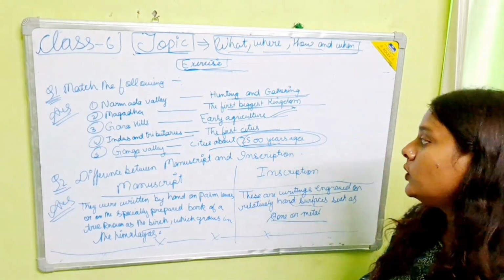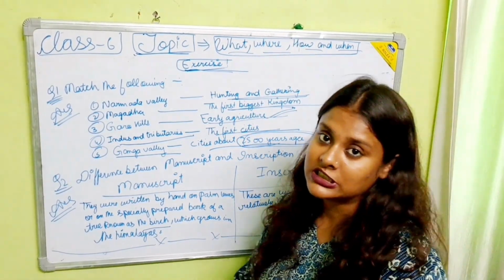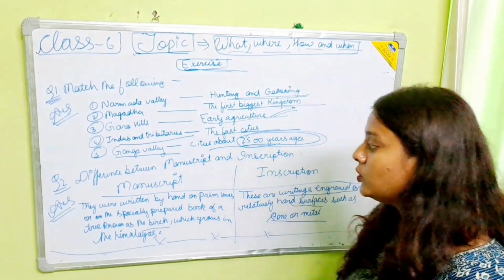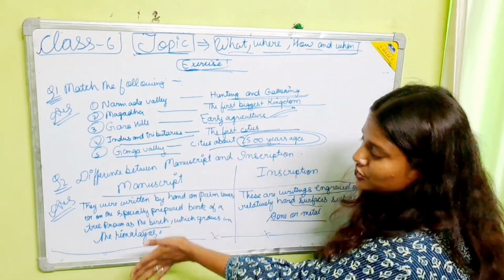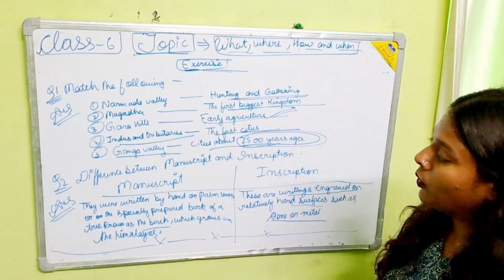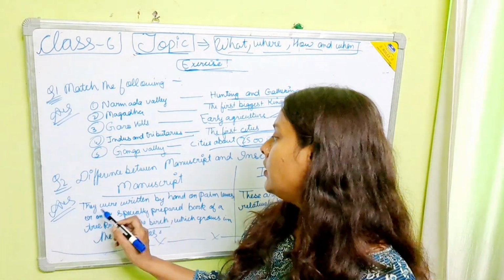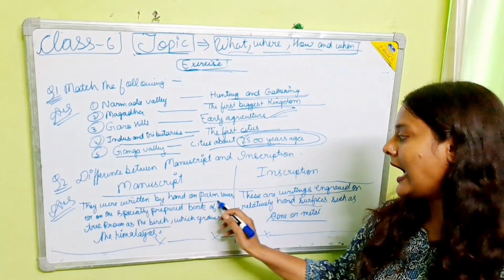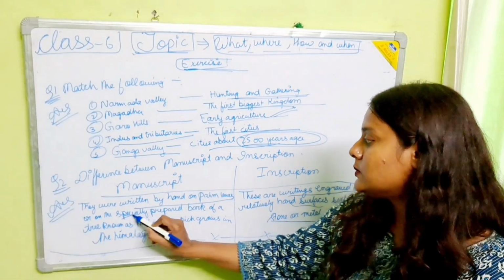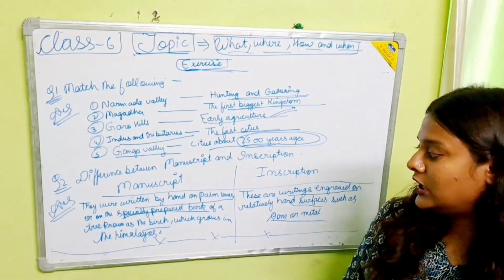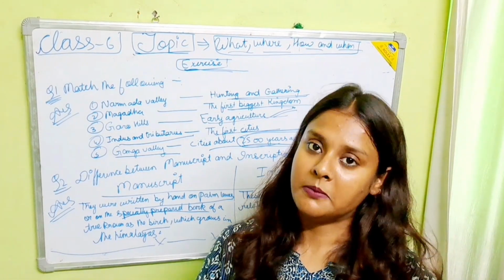Now the difference between manuscripts and inscription. It is very easy when you have to write a difference between a manuscript and an inscription. One is a literary source, the other is an archaeological source. Now manuscripts were written by hands on palm leaves or the specially prepared bark of the tree known as birch, which grows in the Himalayas.